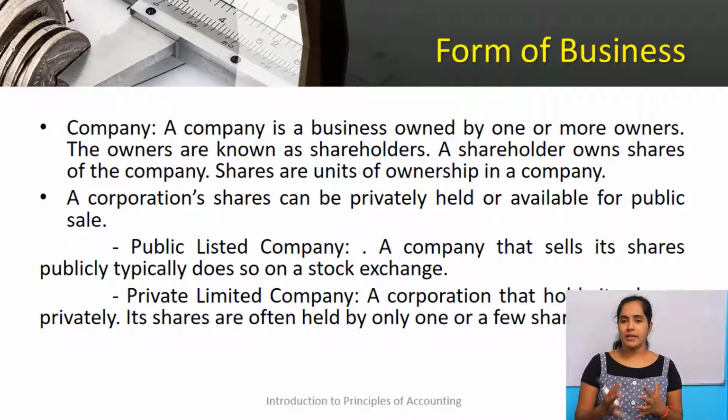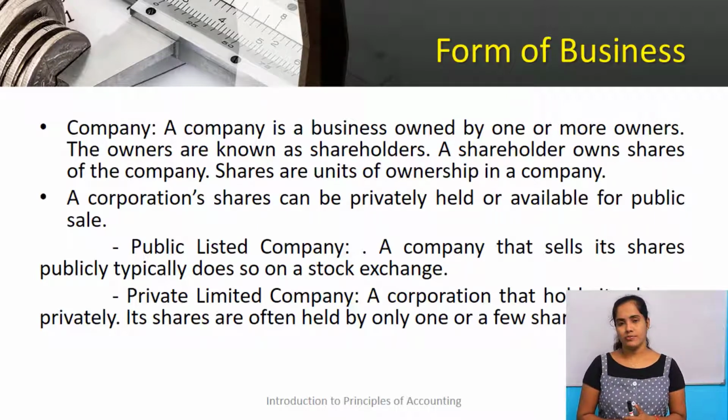Traded privately means only a few shareholders can own the shares of those companies. Publicly means shares can be traded on the stock exchange of a country. For example, in Sri Lanka, public listed companies can sell their shares through the Colombo Stock Exchange to the entire population of the country.